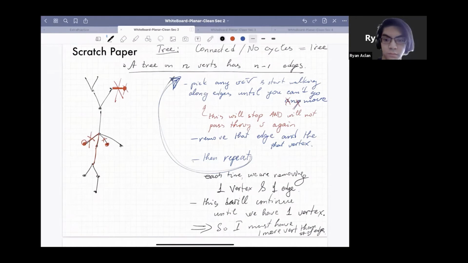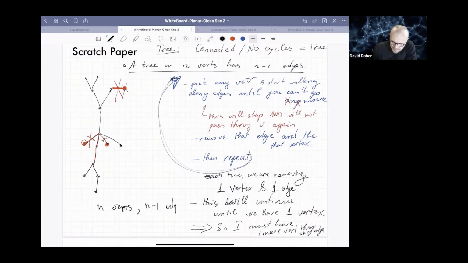All we needed to carry out this proof is to assume that we had a connected graph with no cycles, and we came to the conclusion that this kind of graph must have exactly one more vertex than the number of edges. So conclusion: n vertices, n minus 1 edges.